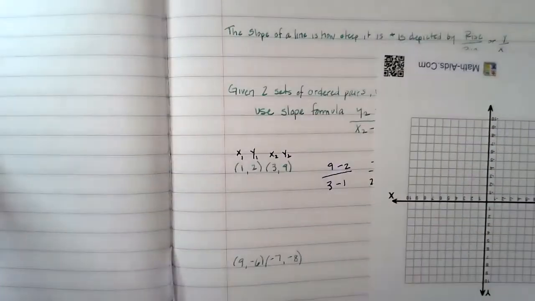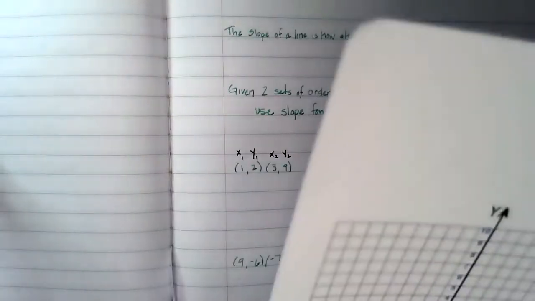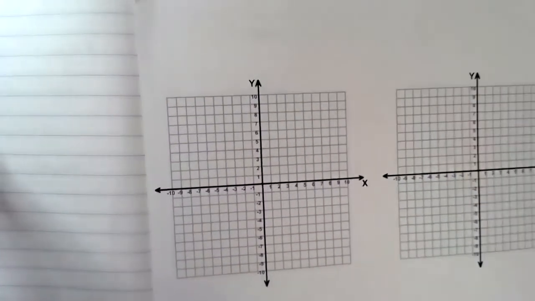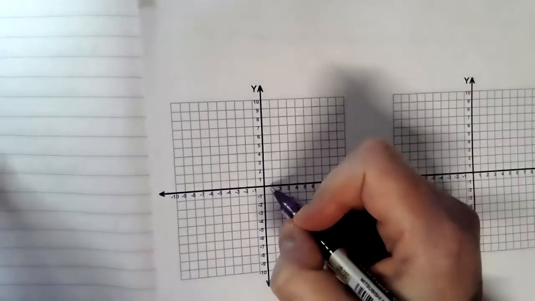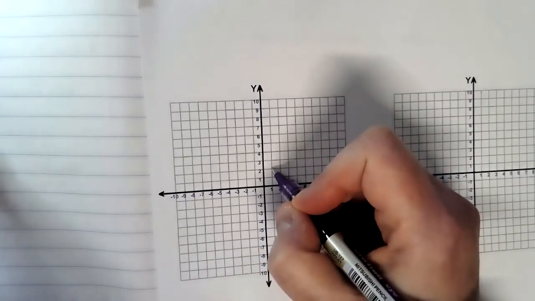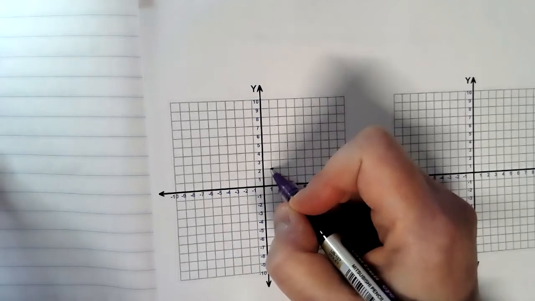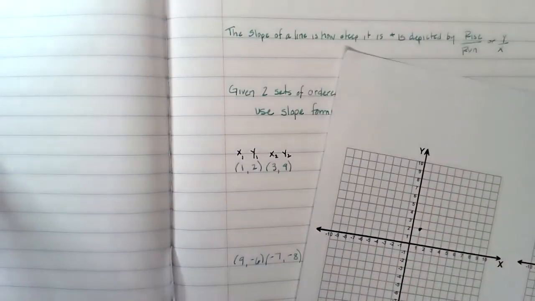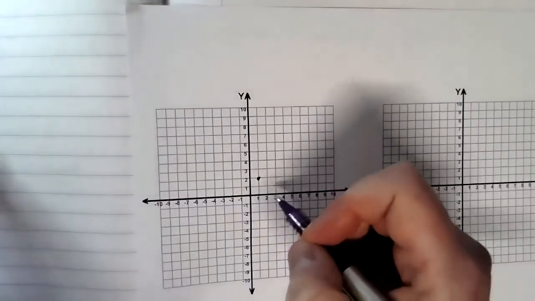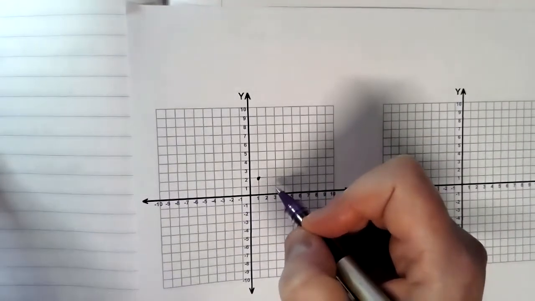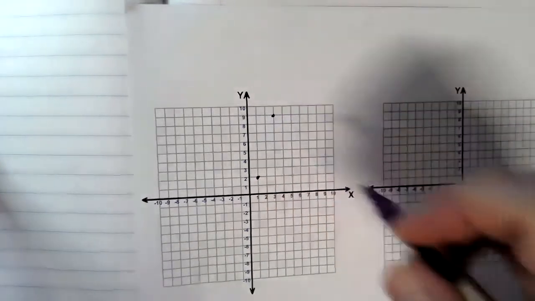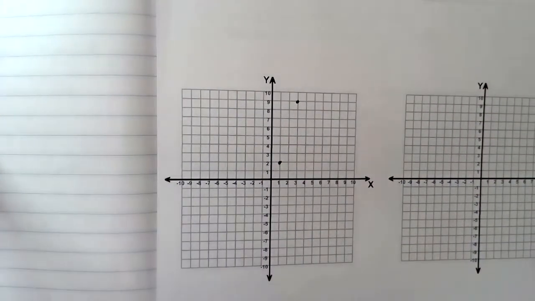So let's try this. We can actually graph this line. We've got 1 and 2 and 3 and 9. So let's go to x1, y2. That's going to be our first coordinate from that first ordered pair. And then 3 and 9. So we're going to go over on the x line 3 and up the y line 9. And we've got the two coordinates.